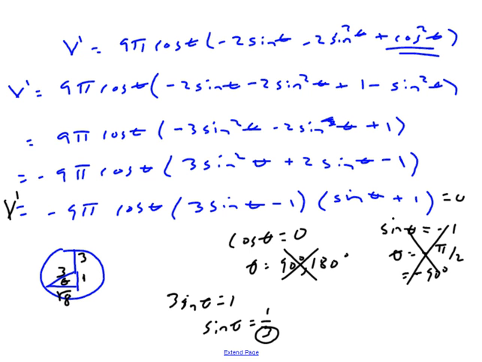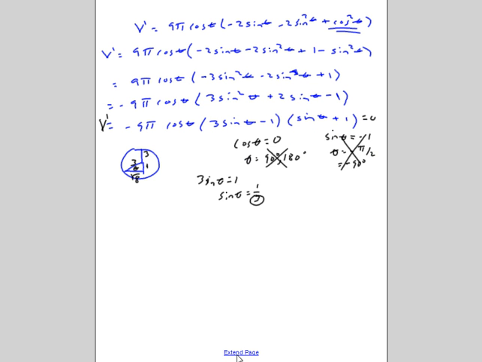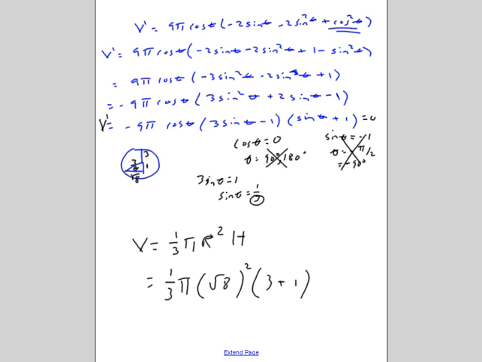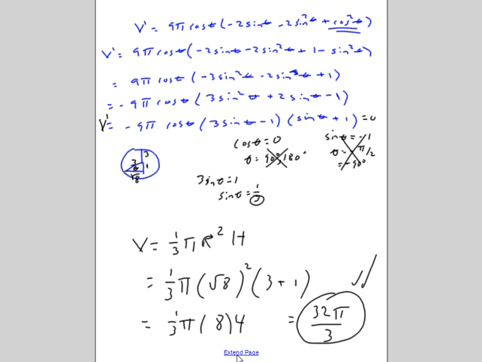So the volume of the cone, and here's where our long trig session ends, is 1/3 pi r squared h, where r is root 8 and h is 3 plus 1. So it equals 1/3 pi times 8 times 4, which equals 32 pi over 3. What a beautiful answer. And that's the max volume.